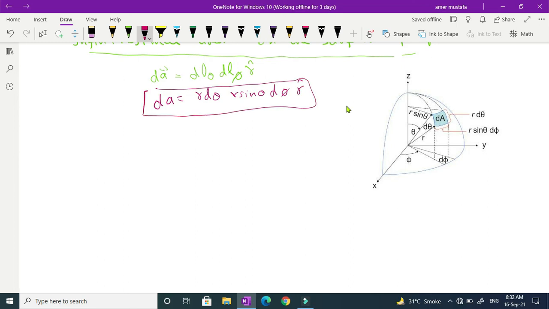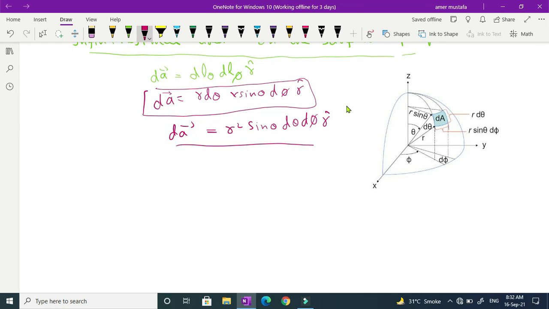This is the infinitesimal area, r square sine theta d theta d phi into r cap. This is the infinitesimal area on the surface of the sphere.